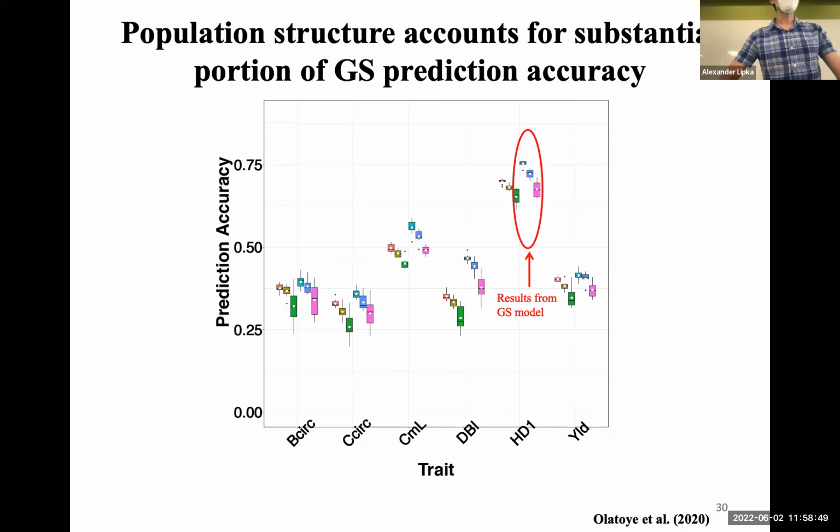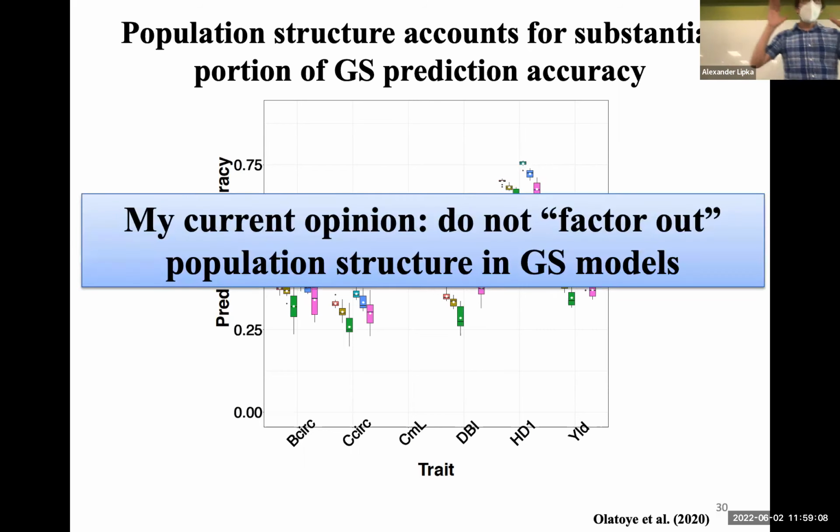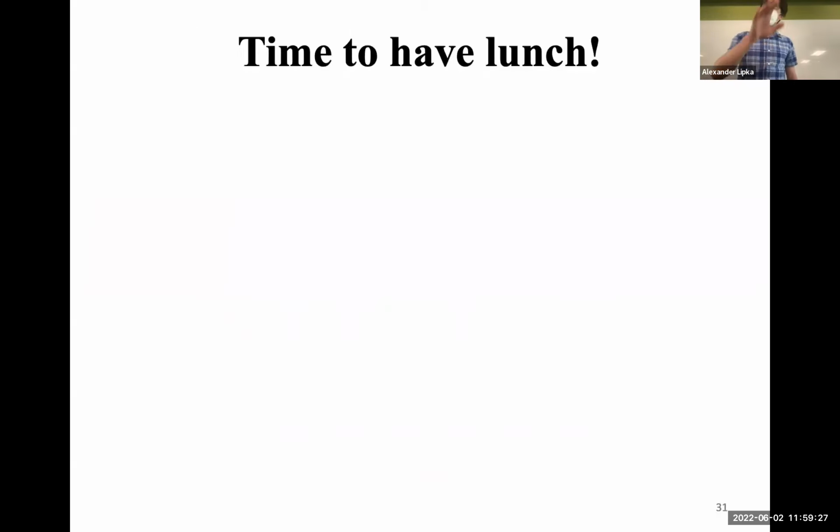So what that is telling me is that a lot of the prediction accuracy we're seeing from the GS model could be accounted for by population structure. I suggest not factoring out population structure from genomic selection models because you might be underestimating the genetic potential of your clones. Okay, so time to have lunch.